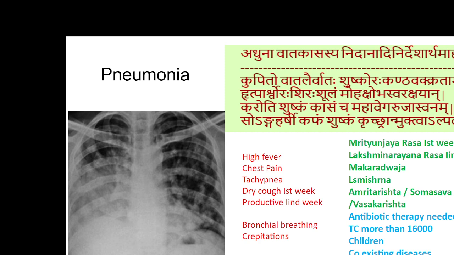That is shushka kasa, and mahabega, that sound is also quite characteristic, maharuja and mahaswara: there would be pain and persistent cough, as well as the sound produced by the cough, which you call a hacking cough. So angaharshi kapham shushkam krichat muktwal padam praje, that's the typical presentation in the consolidatory phase of vataja kasa.